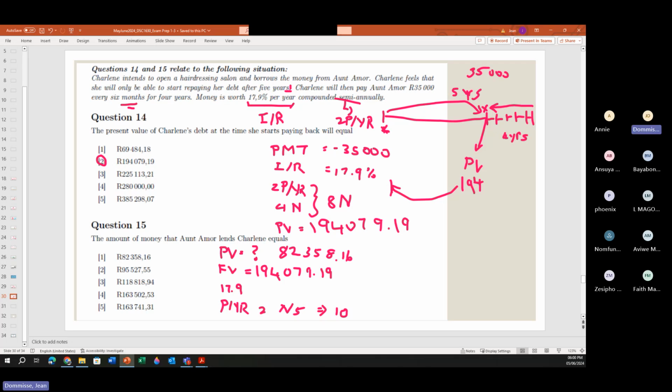Okay, again, perfect. That is exactly the same I got, and that is option 1.